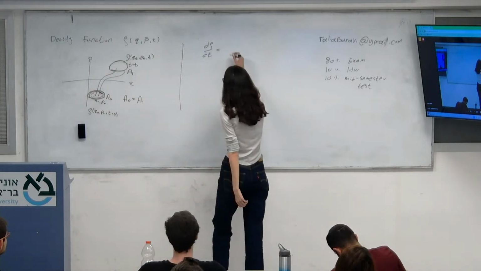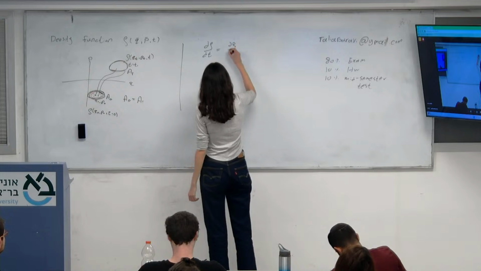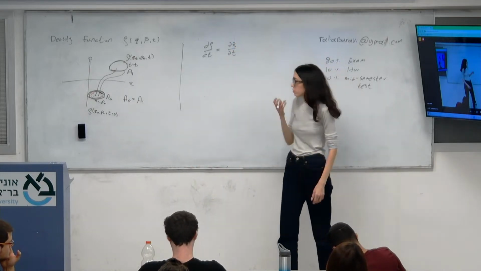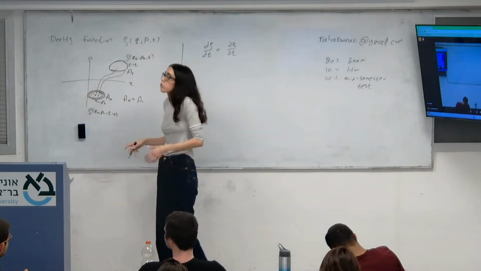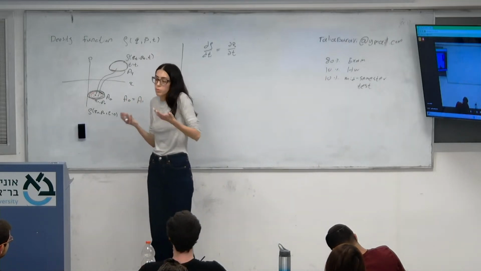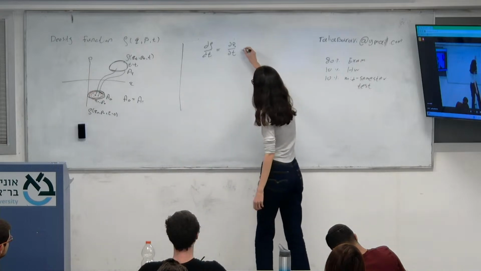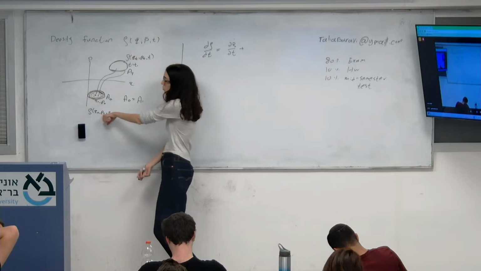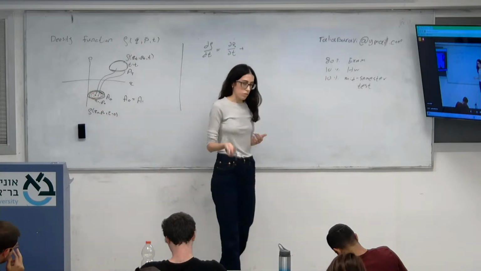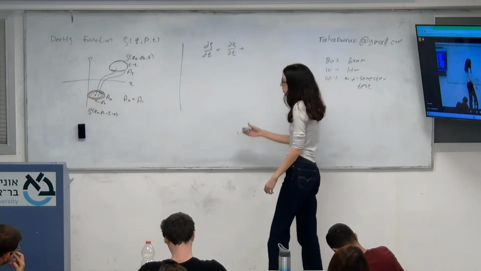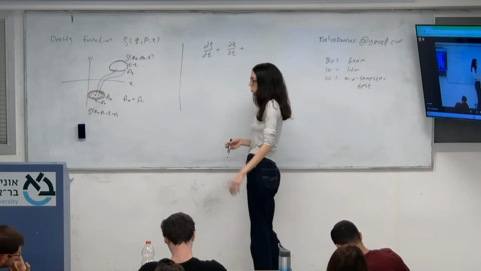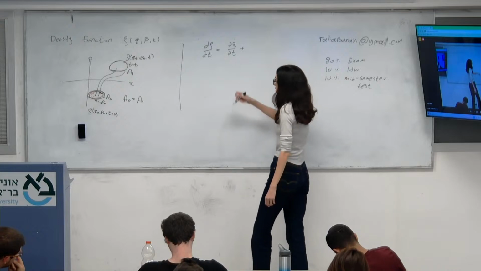The first one is the actual change of rho with time, which is a partial derivative. So if rho is a function, it's going to depend on time. And the other thing is that rho also depends on Q and P. Q and P also depend on time, so any change in Q and P is going to change rho as a function of time.